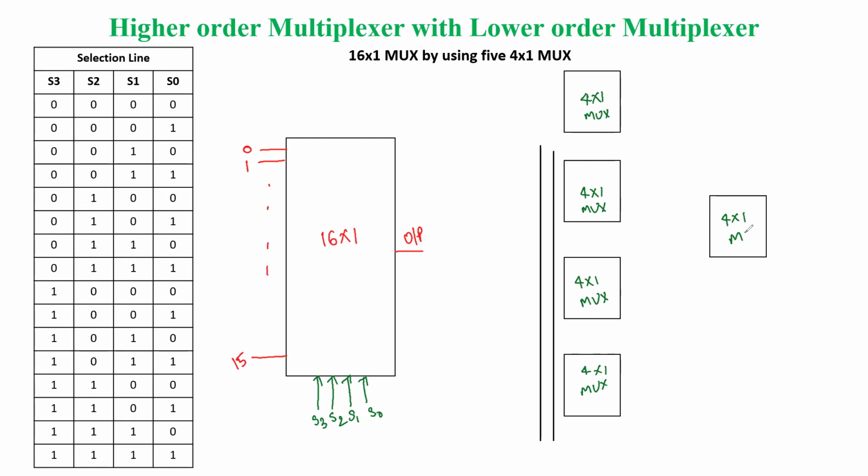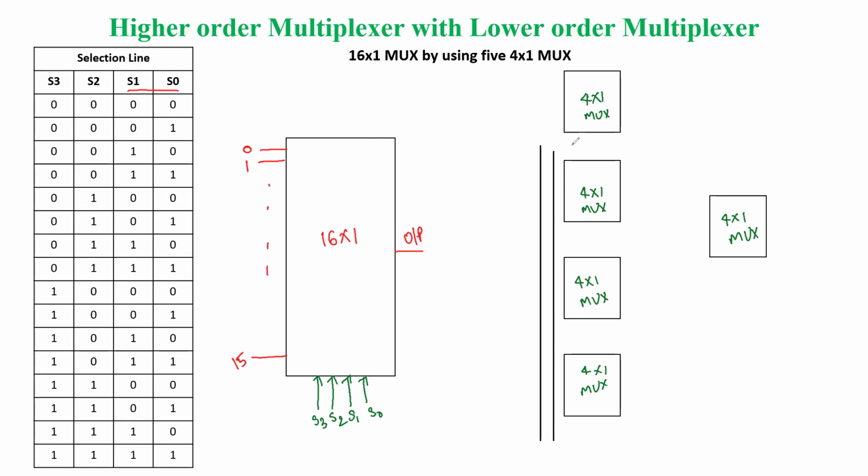The important thing now is how we are going to give the selection lines as inputs. Since it is a 4 cross 1 multiplexer, each multiplexer will have 2 selection lines. So S0 and S1 are going to be the selection lines for the initial first stage 4 cross 1 multiplexers.